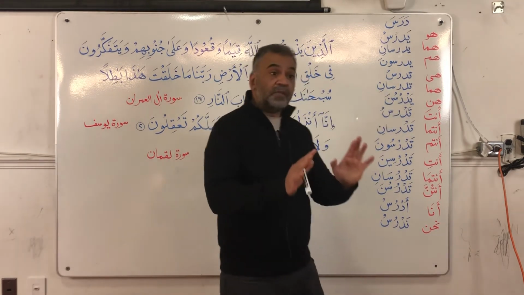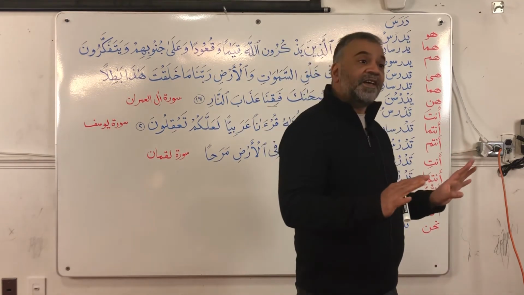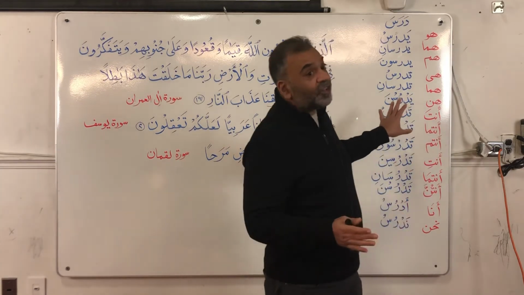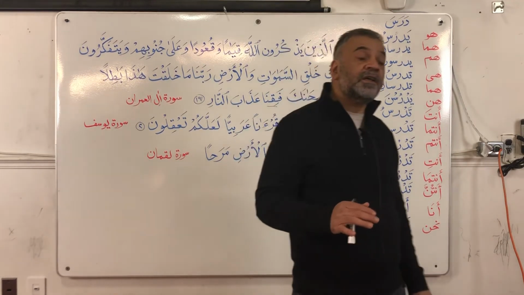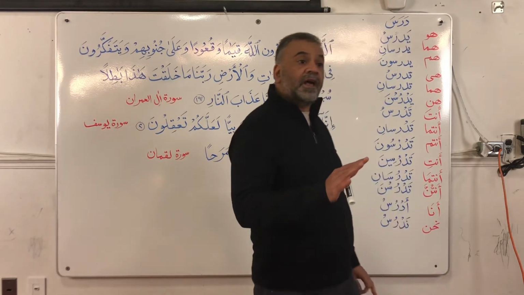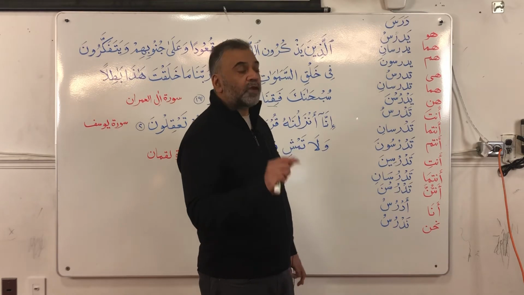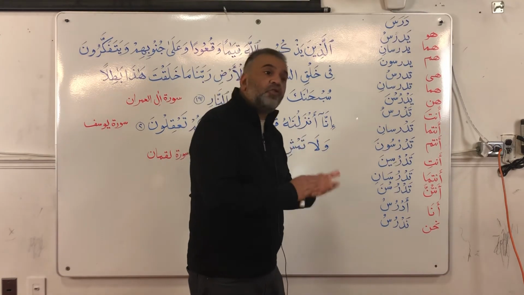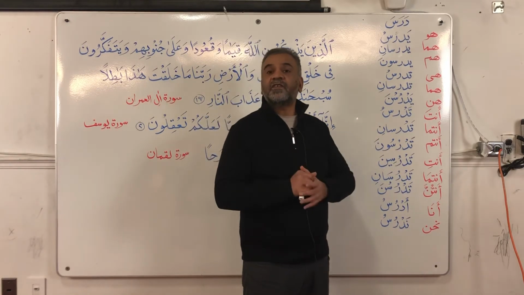Yadrusna is mabni. It doesn't have the damma. You cannot drop the noon because noon is the fa'il, right? So we call it fi'lun mudari'un marfu'un because it has a sakoon on it. That's why it is marfu.